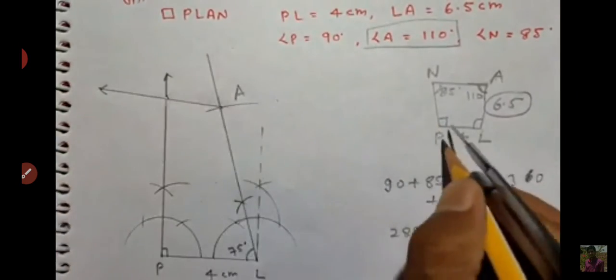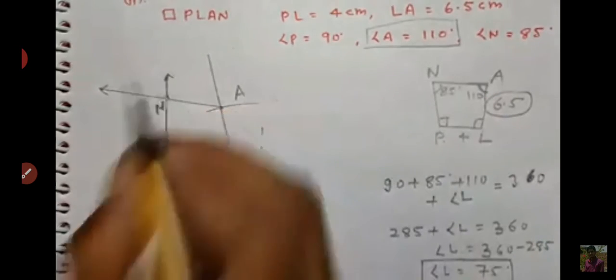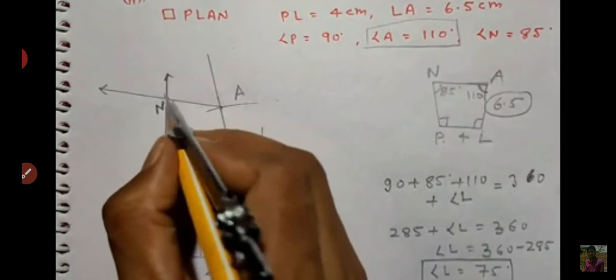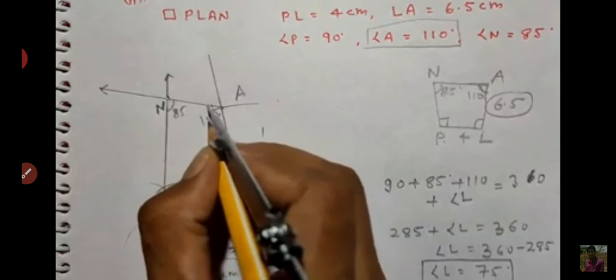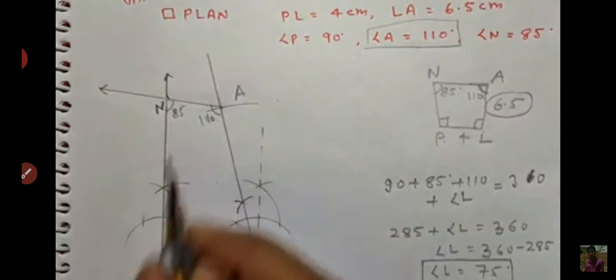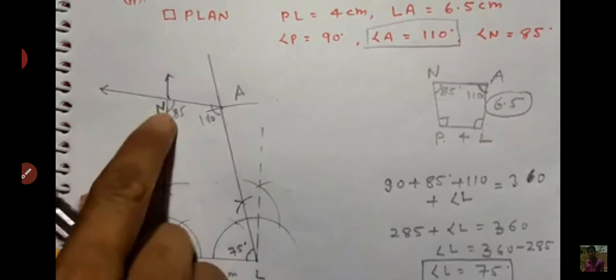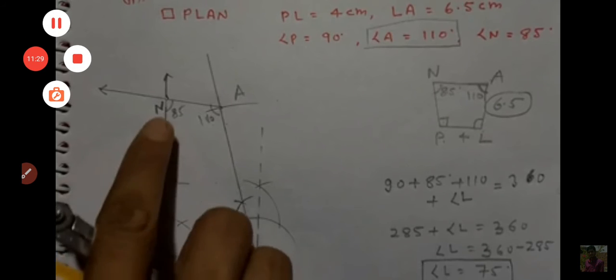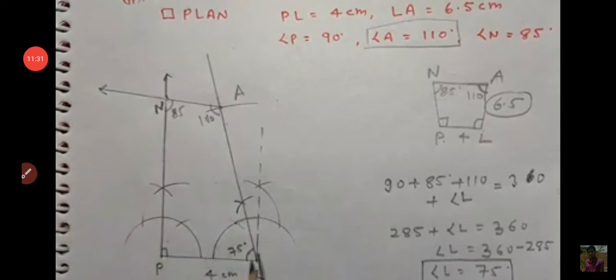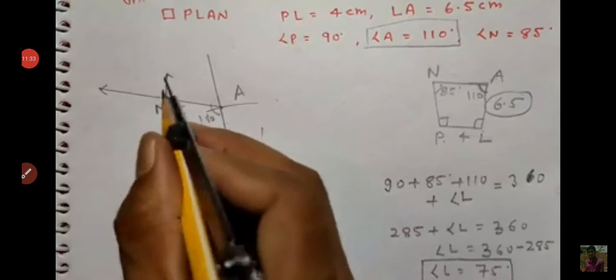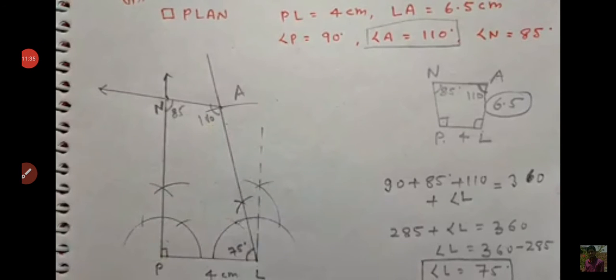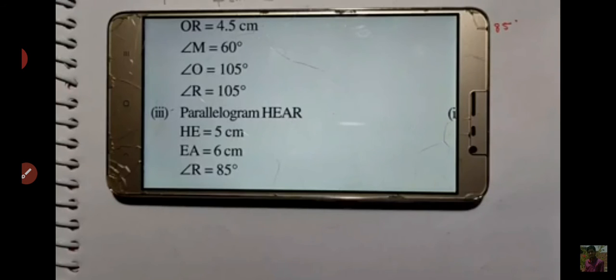This point is called N, and this is our 85 degree, and this is our 110 degree. Understand? This way you have to make PLNA. This is our required quadrilateral PLNA. Understand? Okay. And the sum of all angles is 360 degree. Understand? This is how you have to do it.